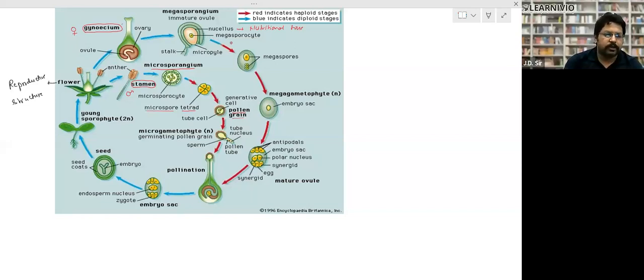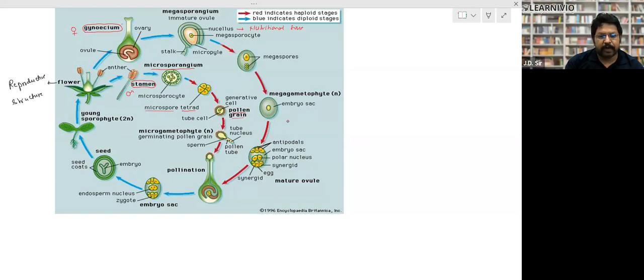And inside the nucellus there is a megasporocyte, and this megasporocyte will divide into 4 megaspores. Out of these, 3 megaspores will die, one will survive. The surviving megaspore will become the embryo sac.